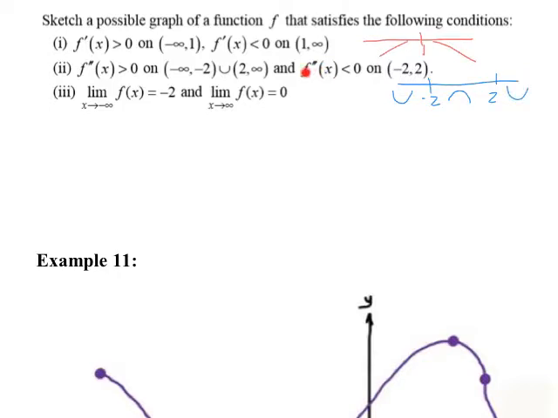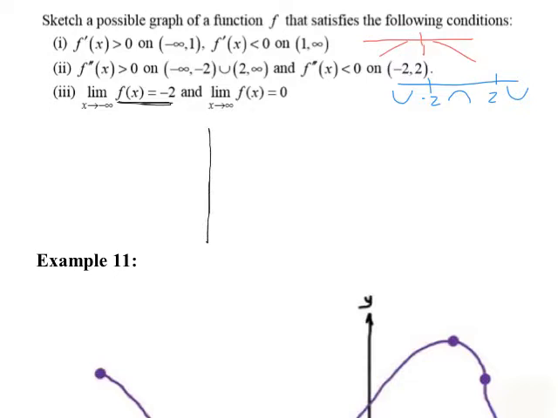So what I'm doing is taking this statement and translating it into a very simple representation of what's going on. Finally, our left side end behavior approaches -2, and right side end behavior approaches 0.